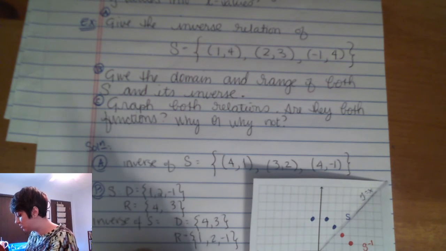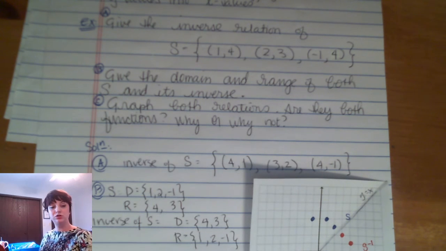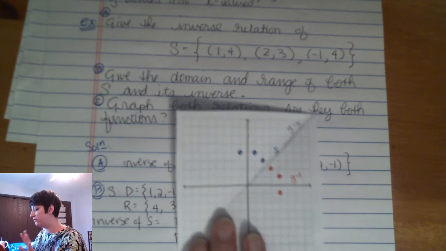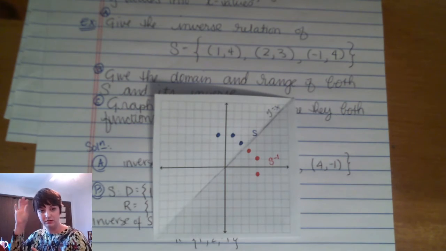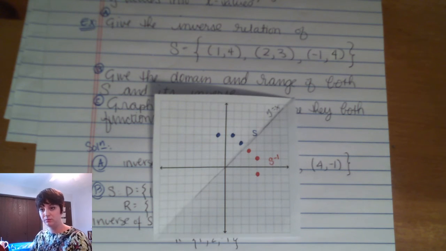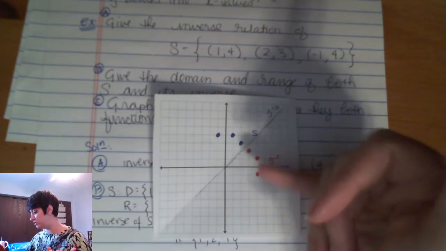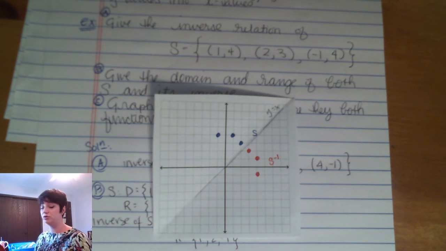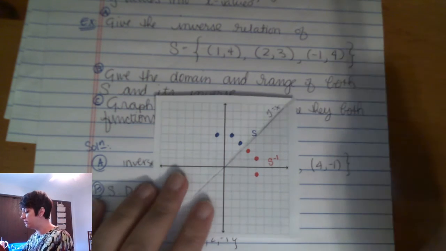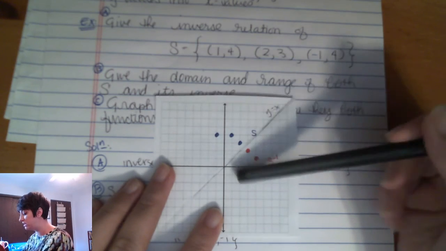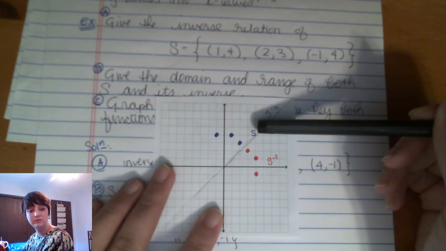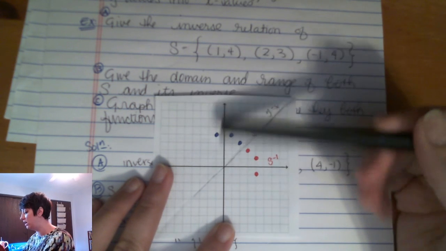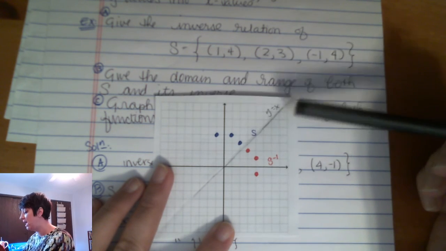C also asks, are they both functions, y or y not? So for functions, you can either, with this one it's pretty easy, just draw the arrows between them. But if you have a graph, which we happen to, you can also do the vertical line test. So because I've got a grid, it makes it pretty easy. For my blue, S does pass my vertical line test, right? So no vertical line intersects more than once.